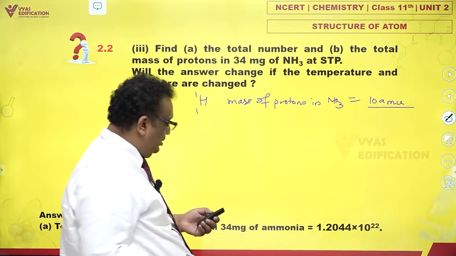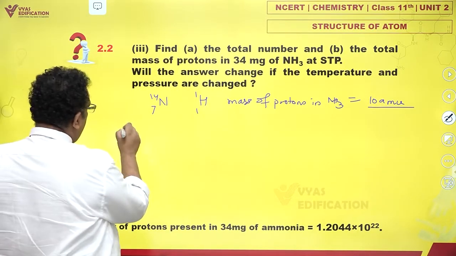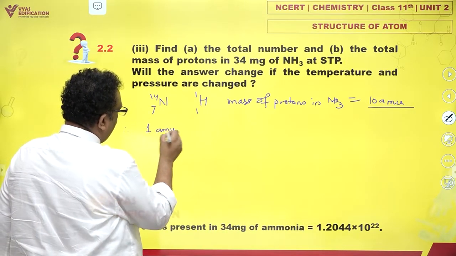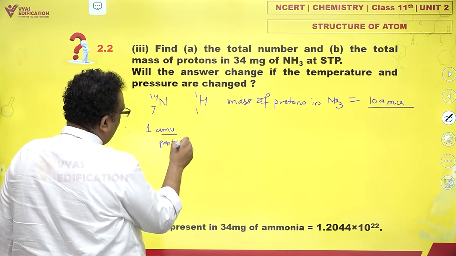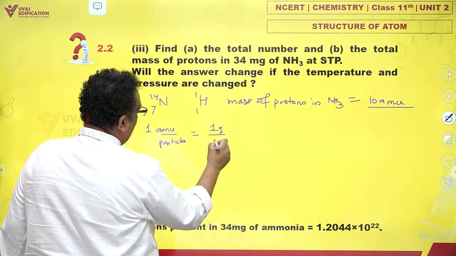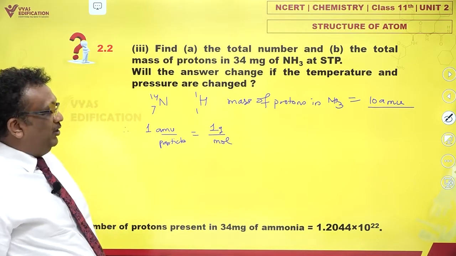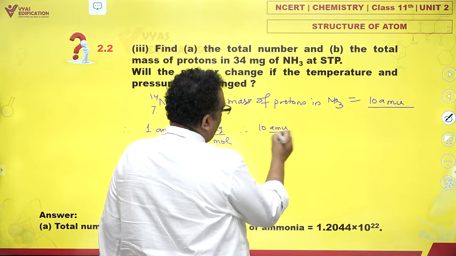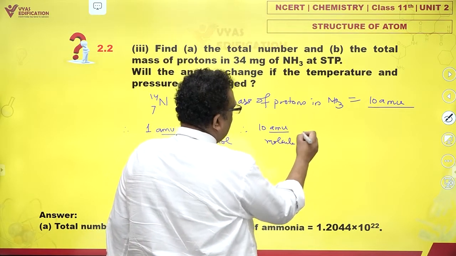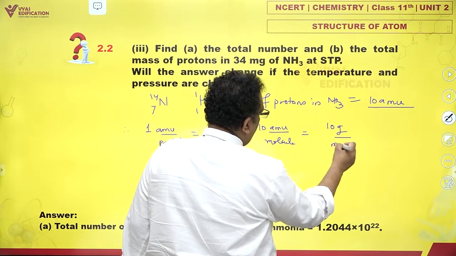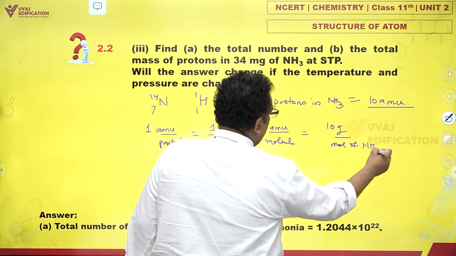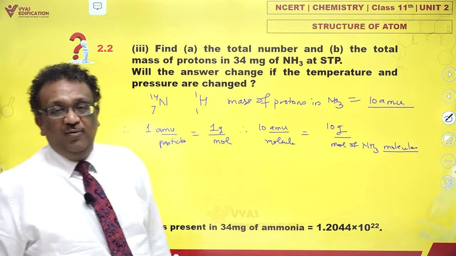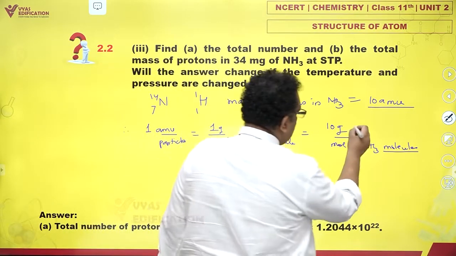Now, 1 AMU per particle is equal to 1 gram per mole by definition. So, 10 AMU per molecule is equal to 10 grams per mole of ammonia molecules. 1 mole of ammonia molecules contains 10 grams of protons.